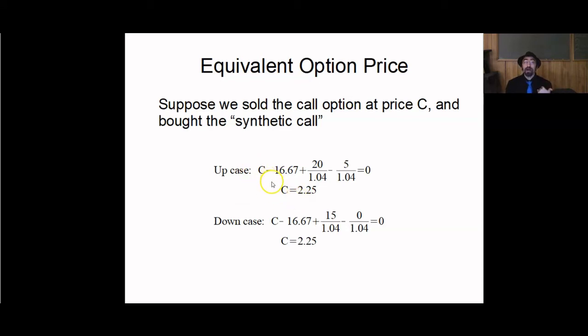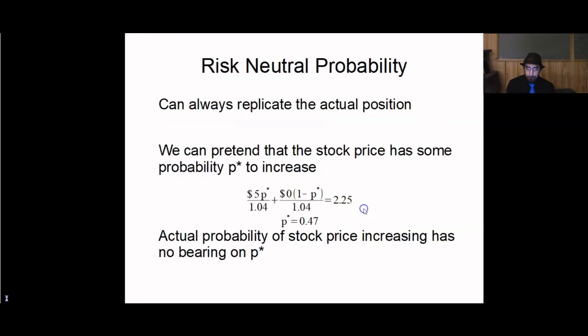If you sold for too much, then you could make free money off of that. If the call price were less than that, then you just reverse the terms. You would buy the actual call option and sell the synthetic call. So notice we can always replicate the actual position of this call option.